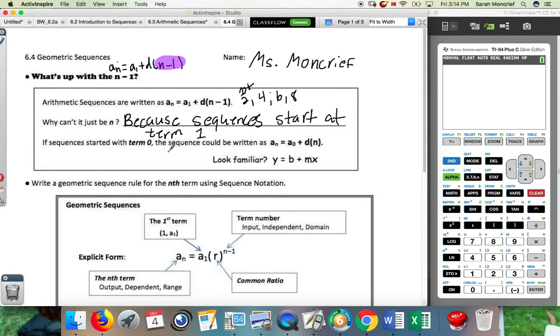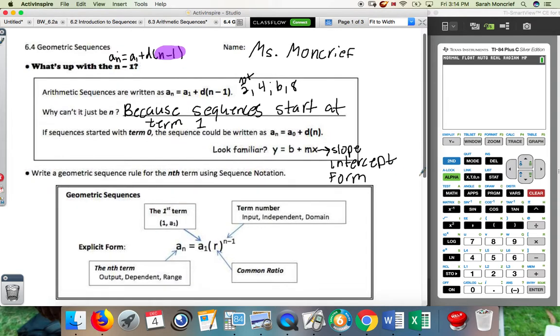If sequences started at term 0, it would be written more like a sub n is equal to a sub 0 plus d times n, which really just looks like y is equal to b plus mx, which is our slope intercept form. Not a sequence. And that would really just make a sub 0 be a y-intercept, not a first term.